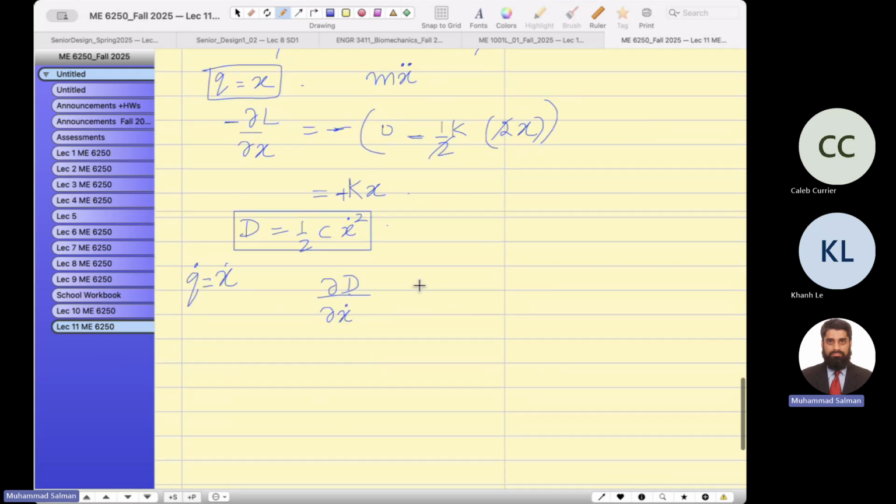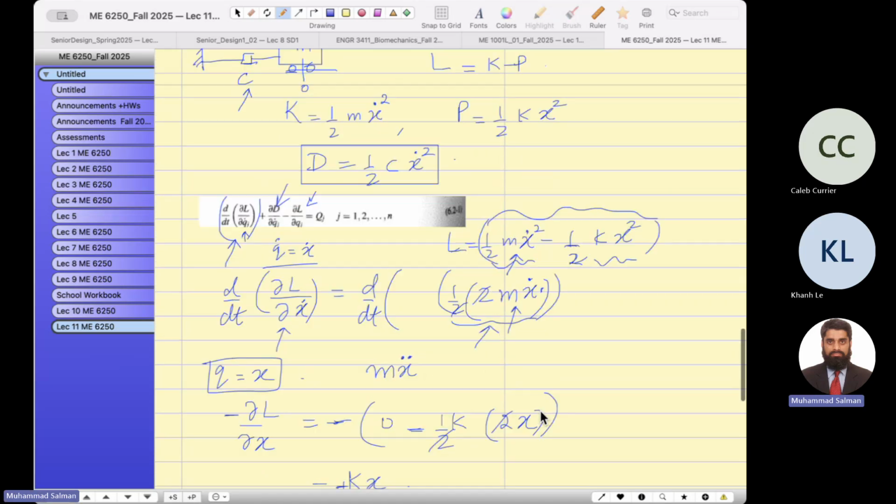And now what is D? This is half c x dot squared. Agreed. So now take the partial derivative here. The 2 is a half, c is outside the parentheses of this partial, so I'm going to write down 2x dot. And again you will apply the chain rule, but x dot with respect to x dot becomes 1, so don't worry about that one. So this is my c x dot. You agree with your professor?